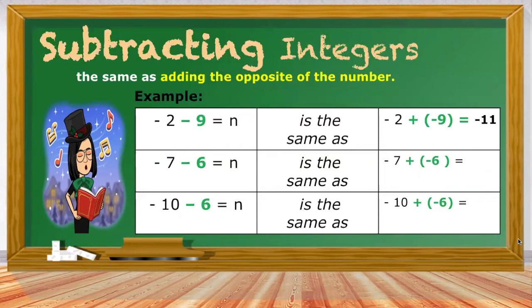Very good. Negative 7 plus negative 6, same signs, add and keep. The answer is negative 13. Good. Lastly, negative 10 plus negative 6, again, same signs. So we have negative 16.